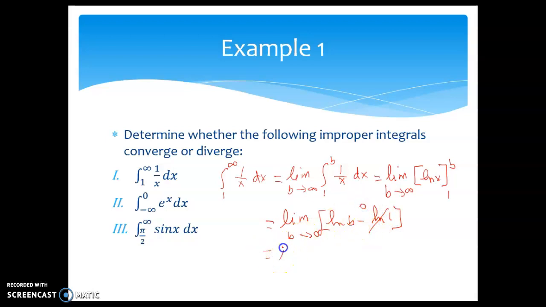So then I have limit as b goes to infinity of ln of b. So ln of b as b goes to positive infinity equals infinity. So that means this function here diverges.